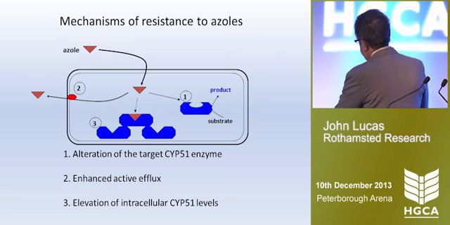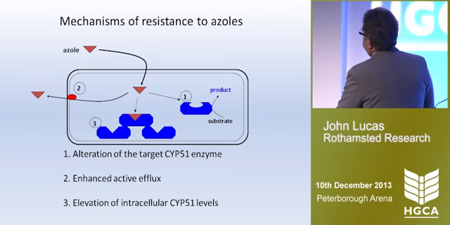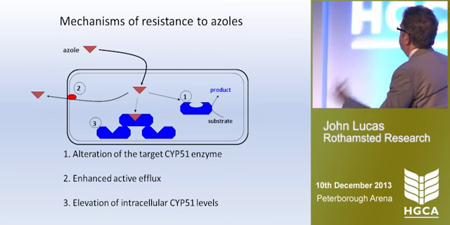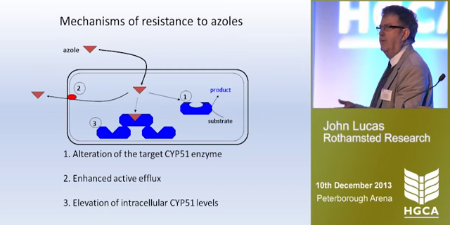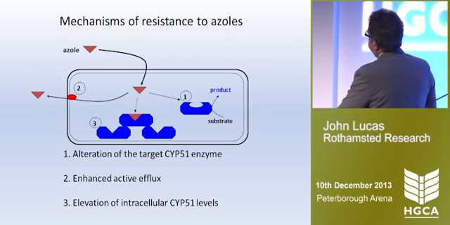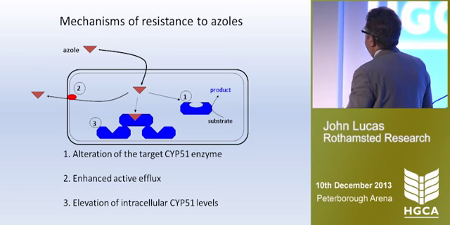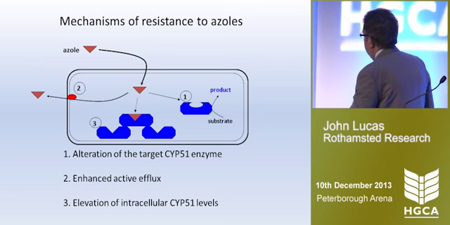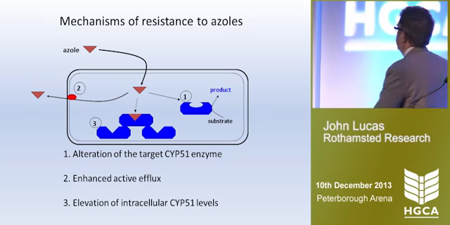A second possibility is efflux. The fungicide can actually be pumped out of the cell. And in some clinical situations, this is a well-known mechanism. A third mechanism is actually the target site can be amplified. It can be expressed at a higher level than in the sensitive cell, and then that will reduce the efficacy of fungicide as well.